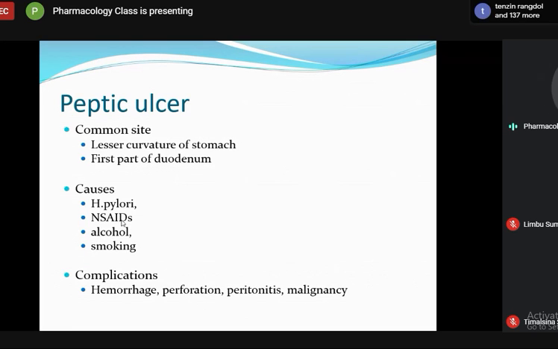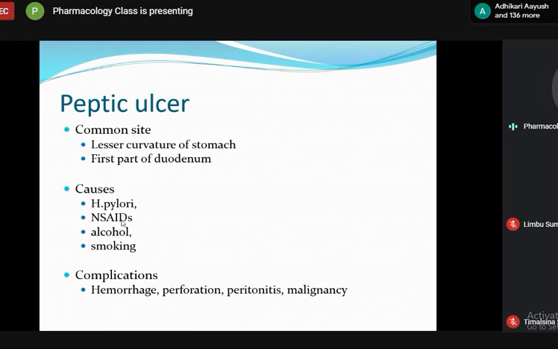And yes, we must tell the patient to stop alcohol and smoking. In clinical practice, you must always know the cause of the peptic ulcer and treat the cause also along with managing the peptic ulcer.